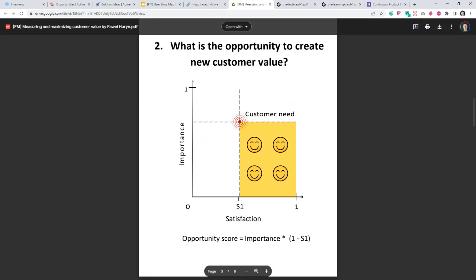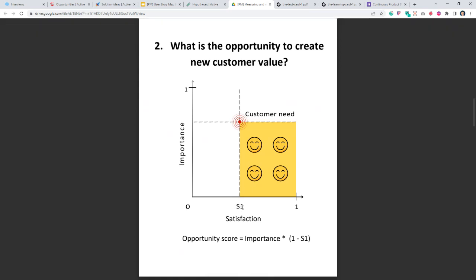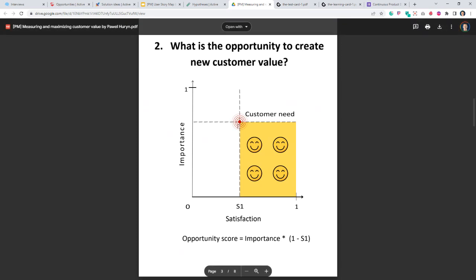And also the less satisfied customers are with what they already have, this is this S1, the more value we can create because we can potentially increase this satisfaction to 100%. And the opportunity to create value can be represented as this yellow area.